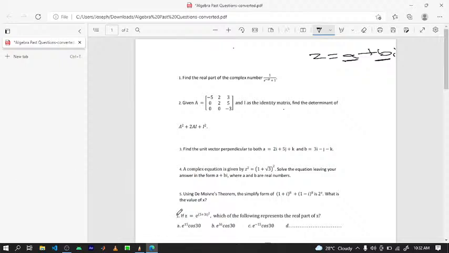Okay, so for the second question we have here, we are told that a certain matrix A has been given, and I is the identity matrix. You are supposed to find the determinant of that matrix, right?